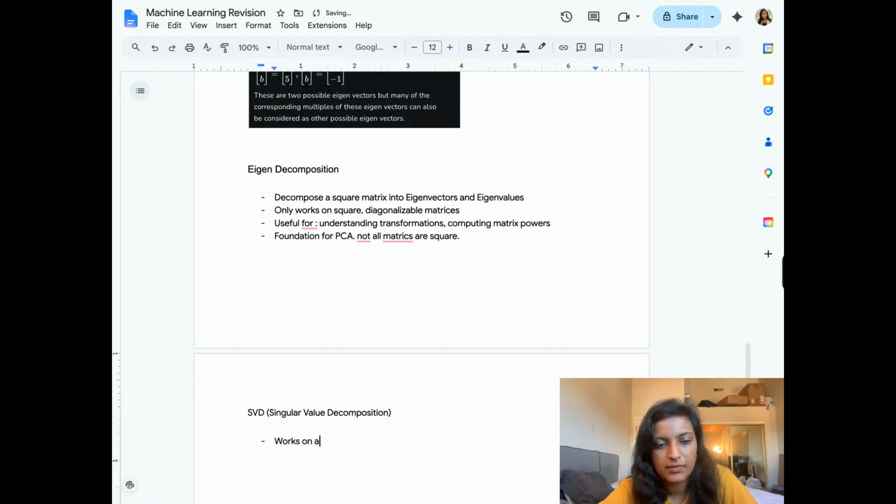It works on any matrix, not just square. You can see if I have an SVD.